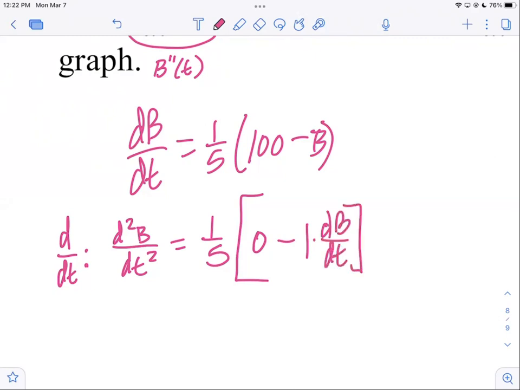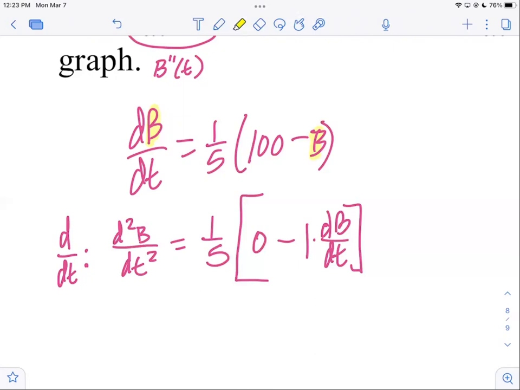What throws people off on these types of questions is your differential equation is a function of the dependent variable, not the independent variable. If that were 100 minus t, then you could say the derivative would be 1, because that's what dt is. So always kind of throw that in there. What would be the derivative of B with respect to t? dB/dt. Oh, it's dB/dt.